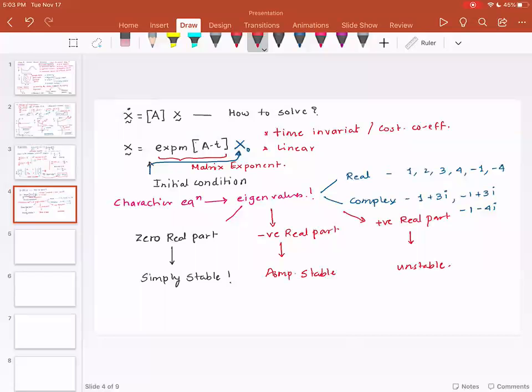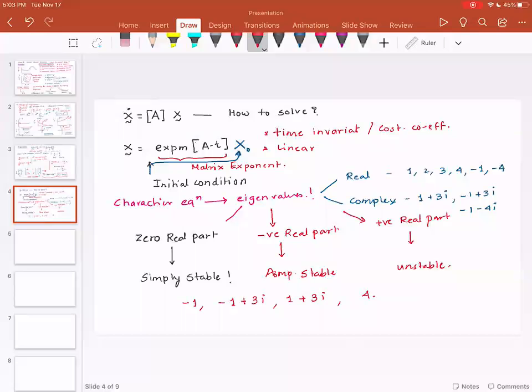Now, it's customary to show the eigenvalues on a complex plot. So consider I have eigenvalues, say -1, -1 plus 3i, 1 plus 3i, and 4.